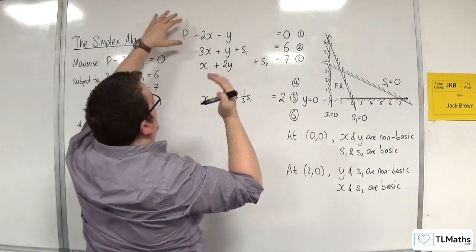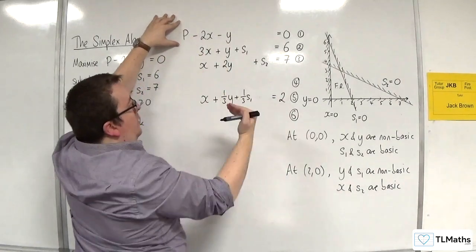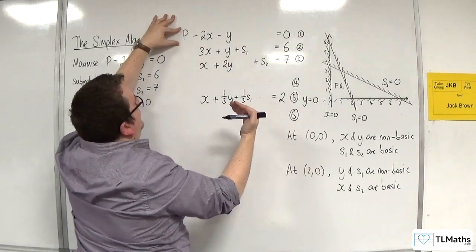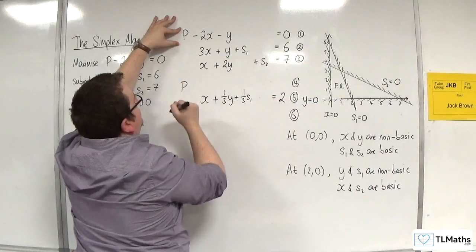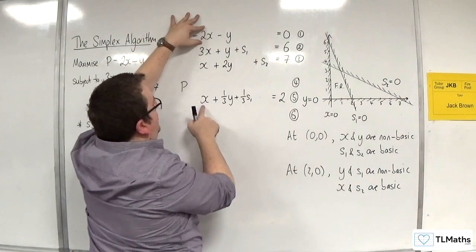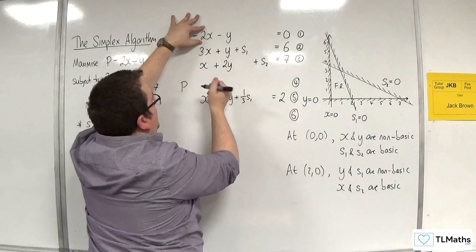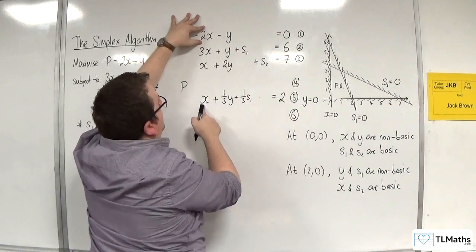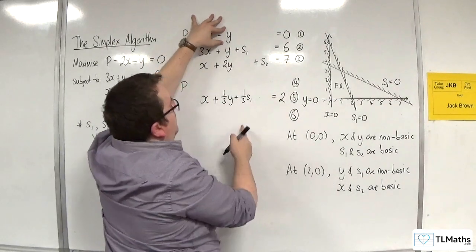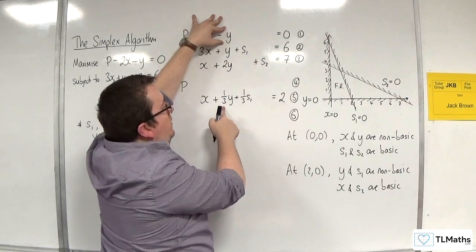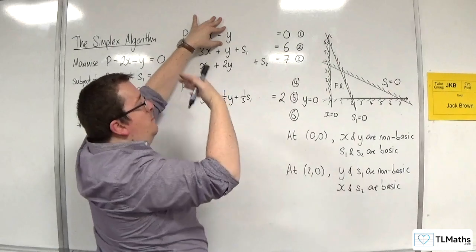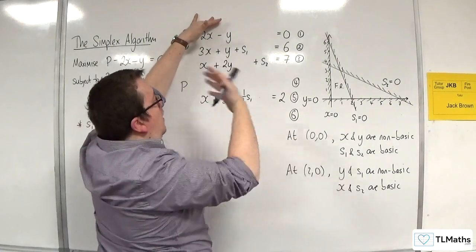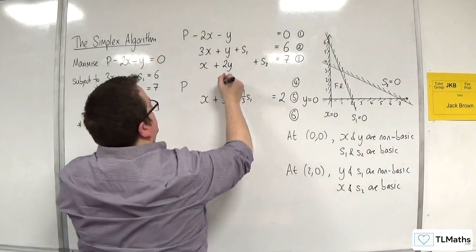So I'm going to have equation 1 plus 2 lots of equation 5. Now the p will just remain as p. Minus 2x plus 2 lots of x is going to be 0, so that's gone. Minus y plus 2 lots of 1/3 y will leave me with minus 1/3 y.